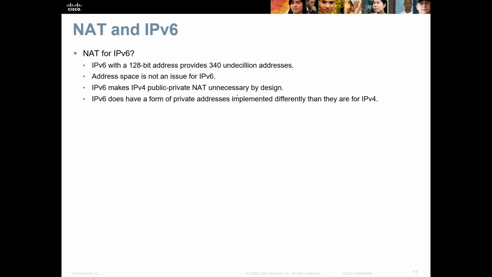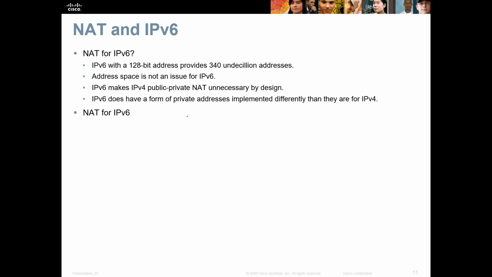That's really what NAT is doing. So IPv6 really makes IPv4 public to private NAT unnecessary. That's part of the design of IPv6. And it doesn't have private addresses implemented the same as IPv4. It's a little different.